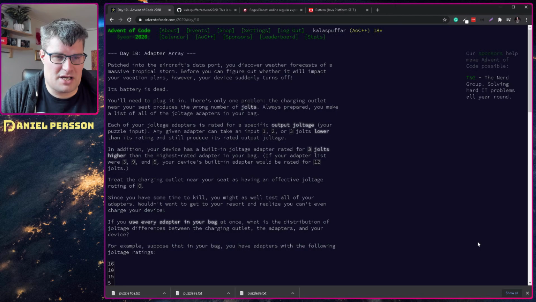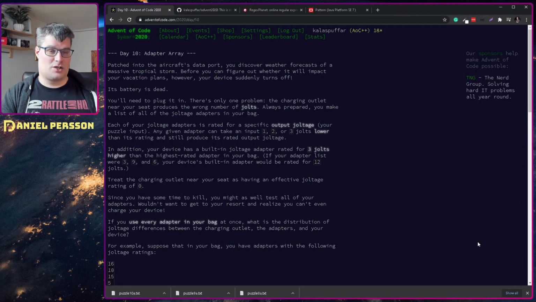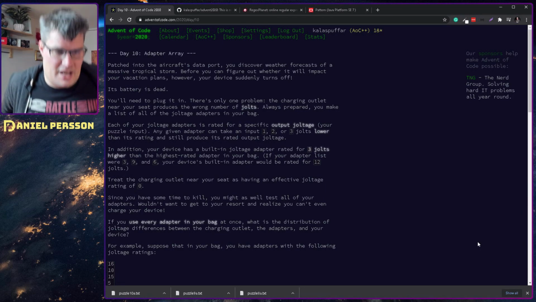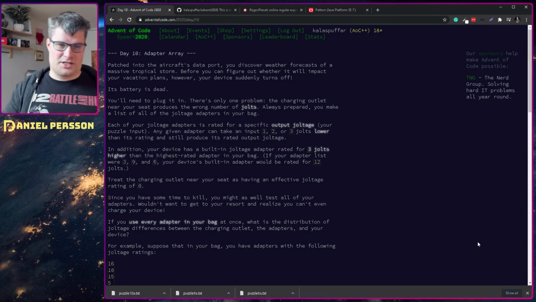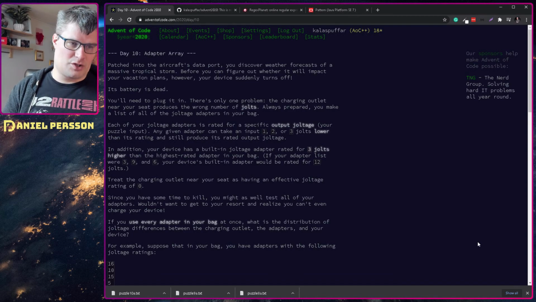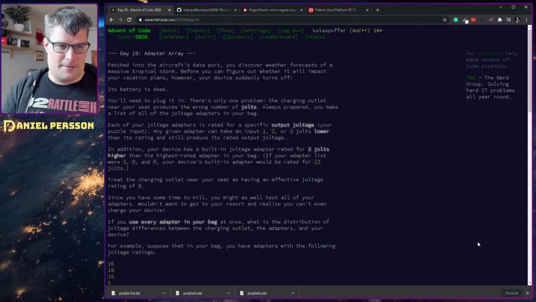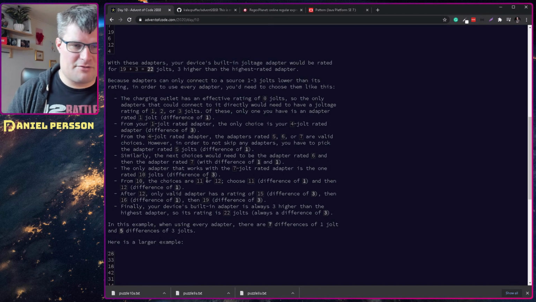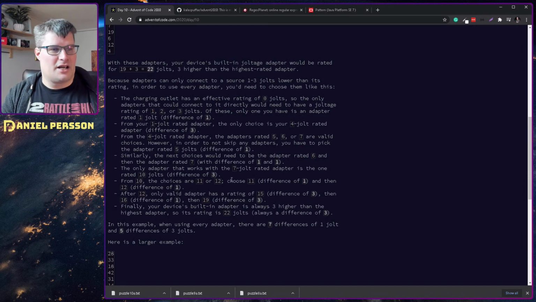Since you have some time to kill, you might as well test all your adapters. Wouldn't want to get to your resort and realize that you can't even charge your device. If you use every adapter in your bag at once, what is the distribution of voltage differences between the charging outlet, the adapters, and your device? And then they have a lot of examples.